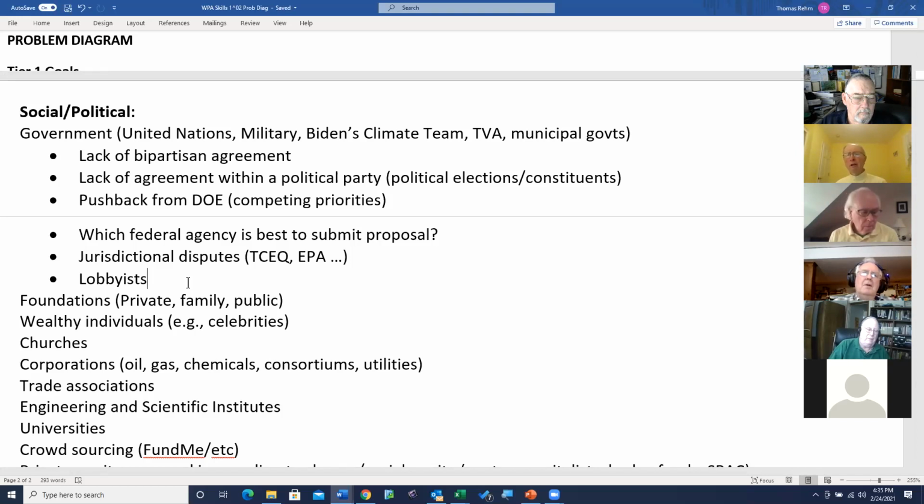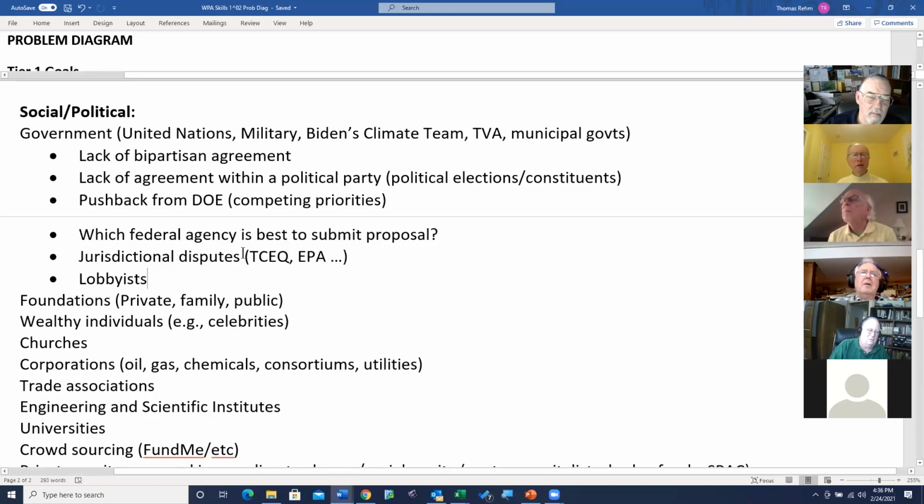They'll say, all right, we'll put that up, but of course we've got to have this agency and that agency all take a piece of it and split the thing all up. And by the time they're done with it, it's gone. Absolutely. That's the sort of fighting that's going to go on. So could you add that, Tom, under jurisdictional disputes, something to the effect about splitting the funding or something like that?